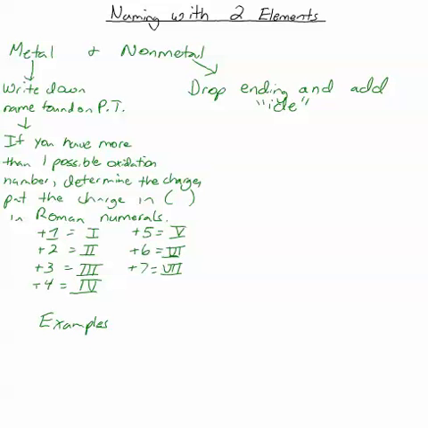All right, examples. If I have CaCl2, and then I've got FeO. Now, here's what you're going to do on this. On the CaCl2, what we're going to do is take that calcium, and you're going to look it up on the periodic table and write down the metal.